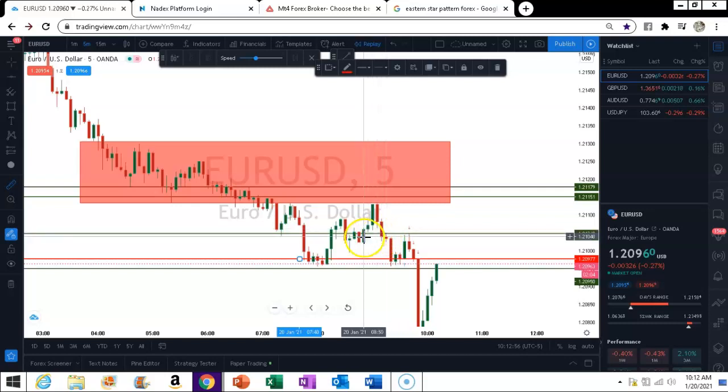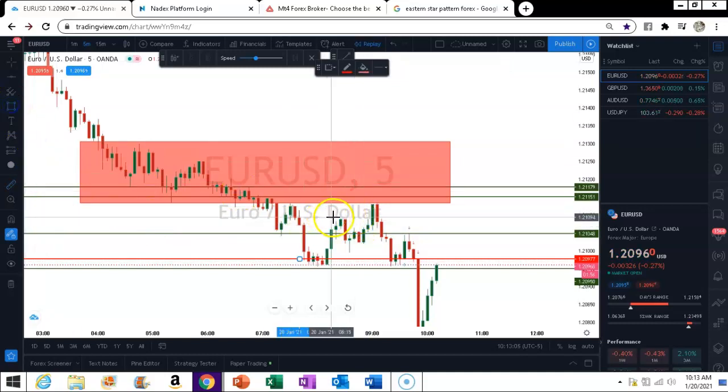So I'm going to take the highest point. Now mind you, we still have this range. I left it here because of this action right here. And live trading is actually, the market is open and price action is happening right now.